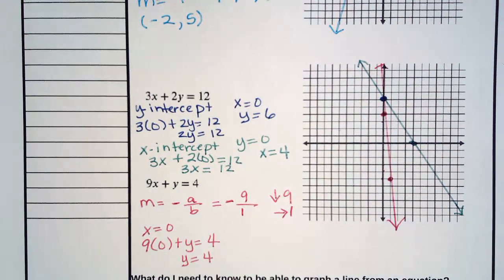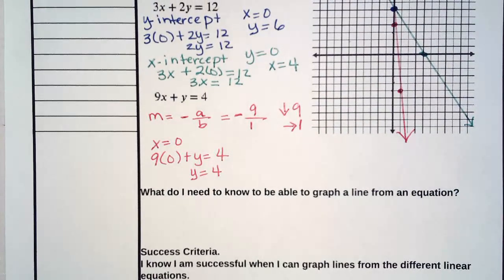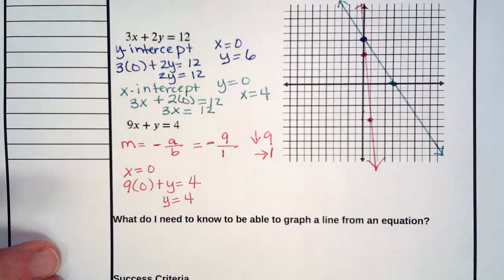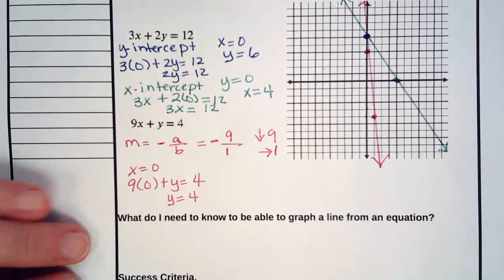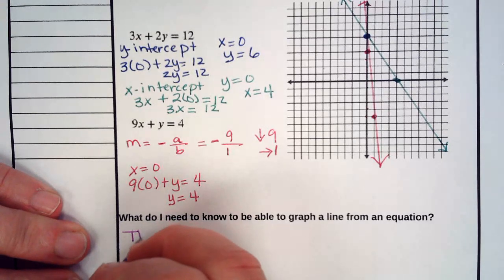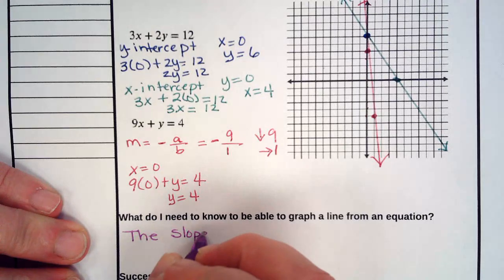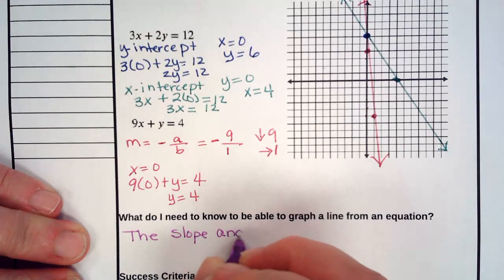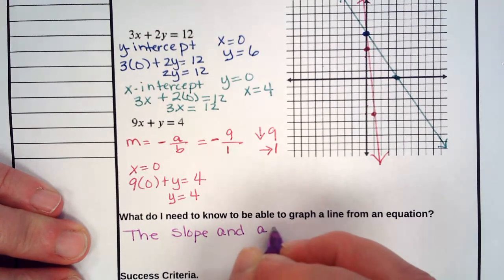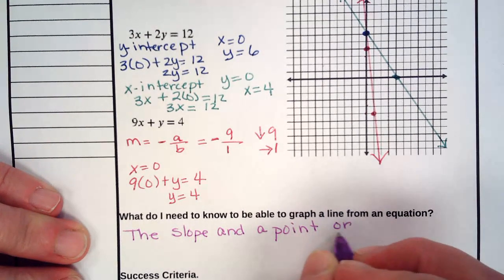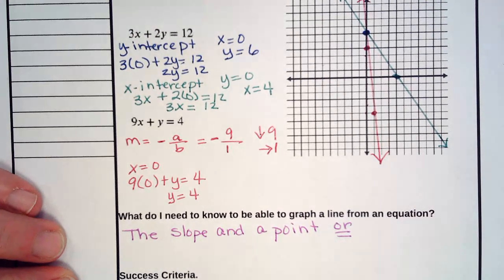Okay, now, what do you need to know to be able to graph a line from an equation? Well, the slope and a point, or what else can I have?